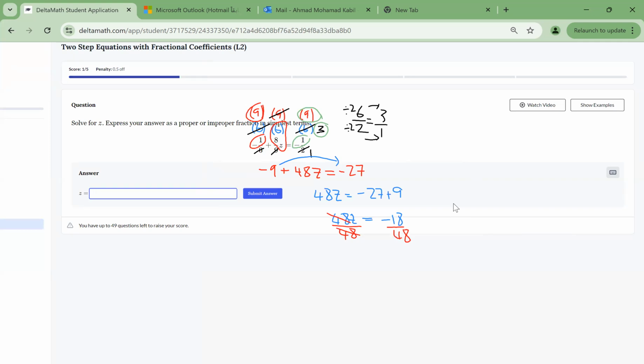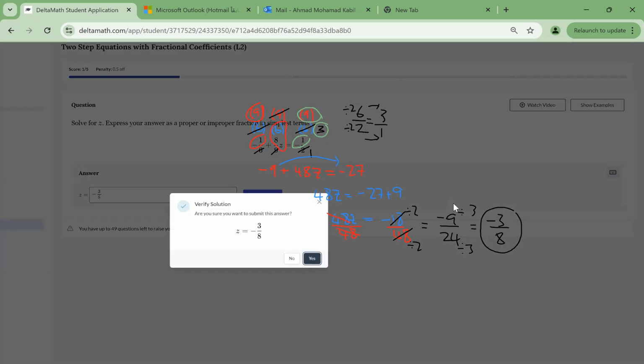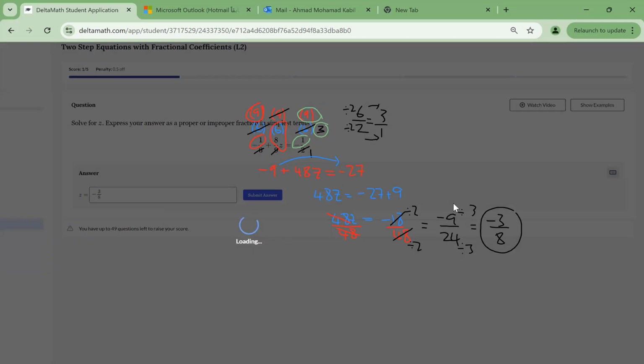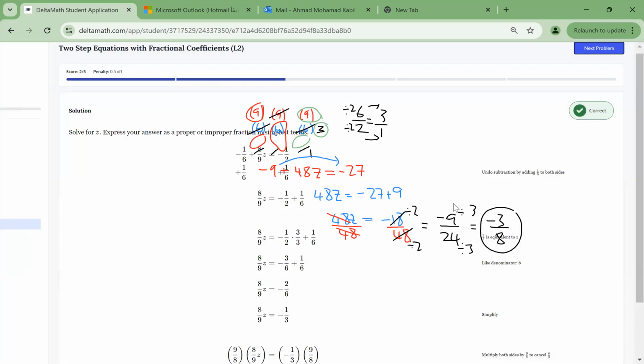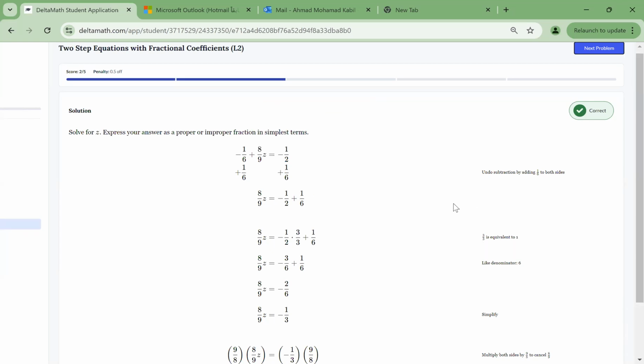You can try dividing by 2. So if we divide here by 2, we get negative 9 over 24. We can divide by 3 as well. So we get negative 3 over 8, and this will be our final answer since we cannot simplify any further. So negative 3 over 8 is our final answer. And this is correct as well.